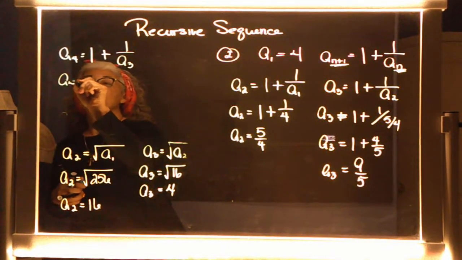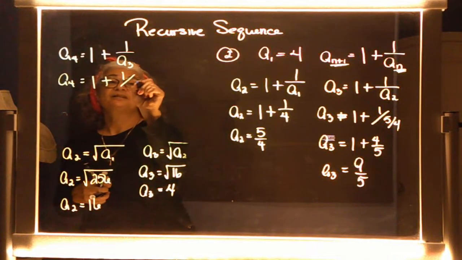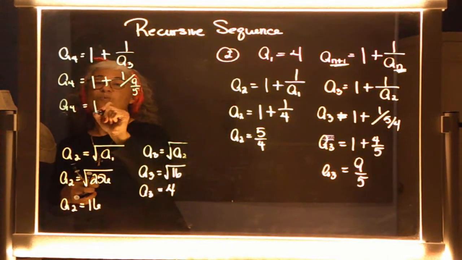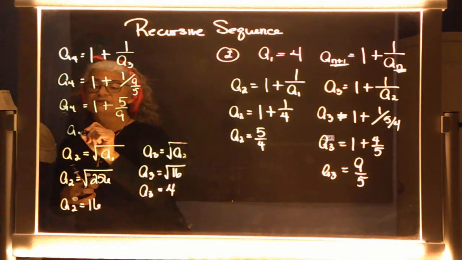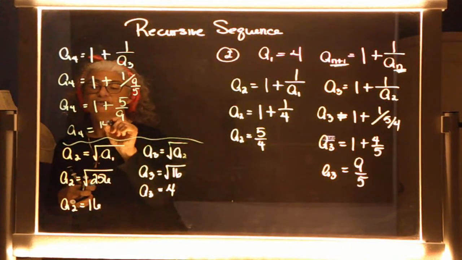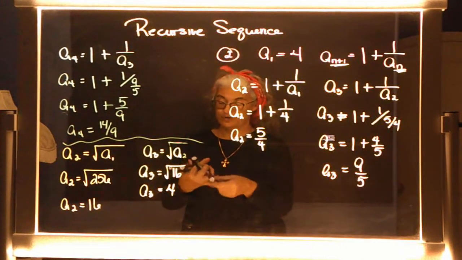Well, a sub 3 is a fraction, so 1 divided by 9/5, which means 1 plus, excellent, 5/9, which means the 4th term is equal to, good, 14 over 9. Okay, we got 1 more to find.